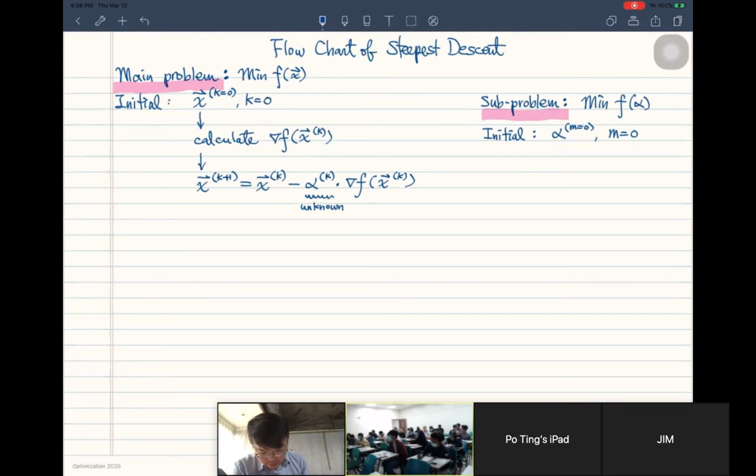So I should get rid of this. The process should be going this way. When you complete calculation, you don't go down first. You go to the sub-problem. You try to solve this.